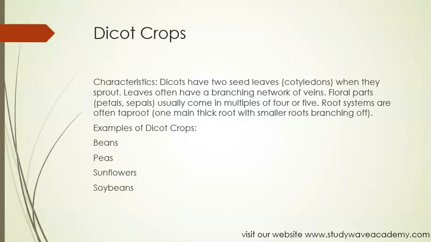Peas, like the ones you might find in your vegetable soup, are also dicots. They have two tiny leaves when they first sprout. Sunflowers. Sunflowers are grown for their seeds and oil, and they are dicot plants. They start with two little leaves.